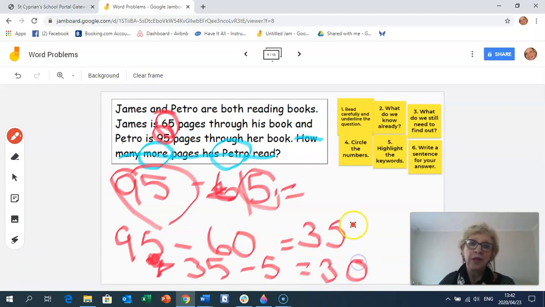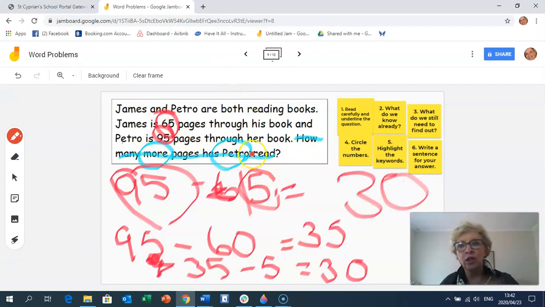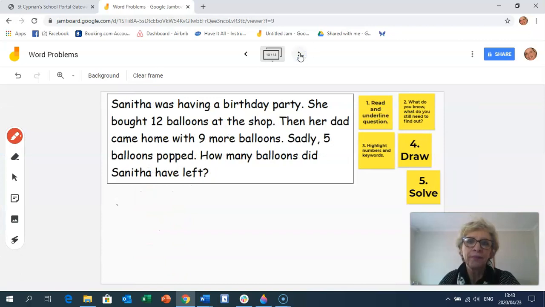So Petro has read 30 more pages than James. And once again, notice how I highlighted, I circled, and I put things into little pockets in my mind so that I could actually deal with all these questions.